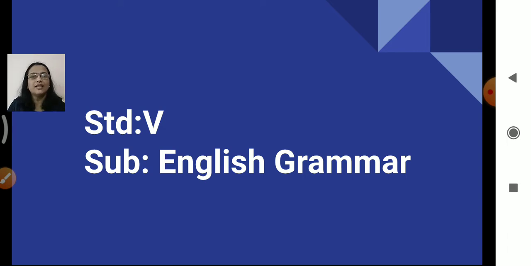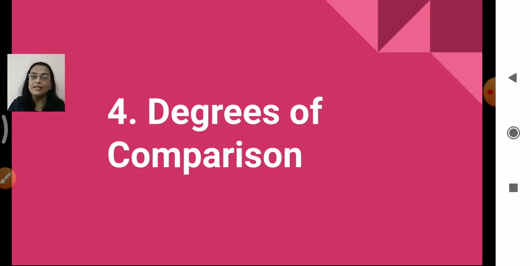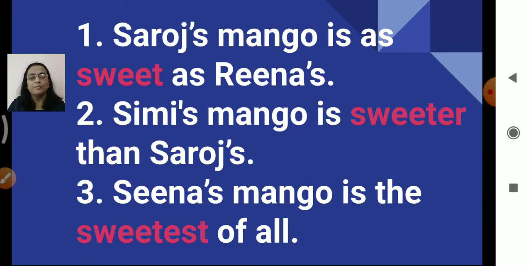So let's start with our lesson number 4, degrees of comparison. Now you can see here 3 sentences. The first one says, Saroj's mango is as sweet as Reena's. Second one, Simi's mango is sweeter than Saroj's.